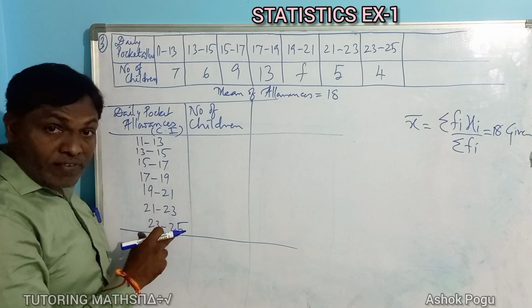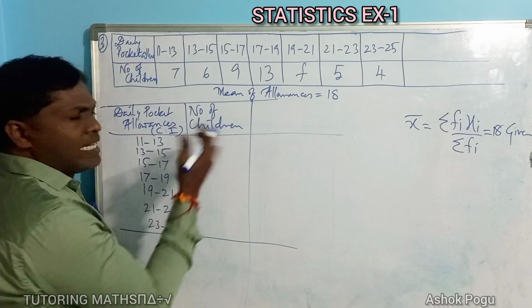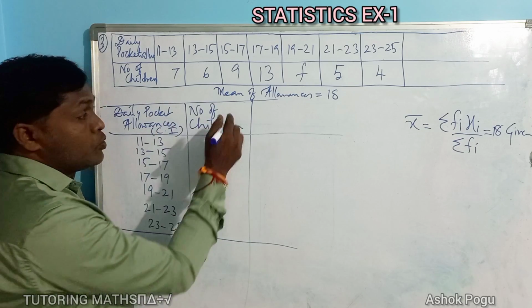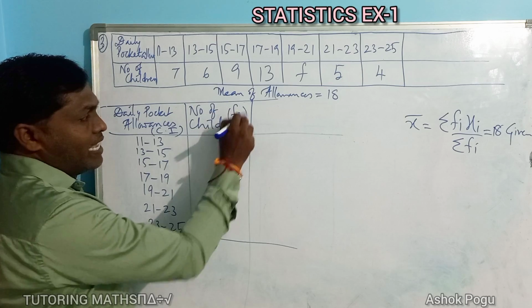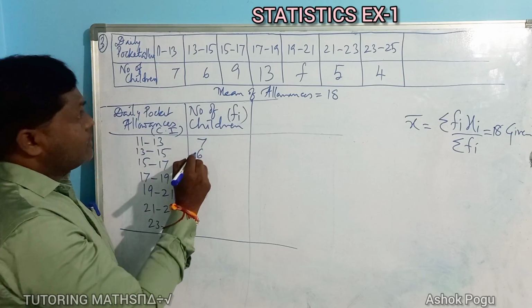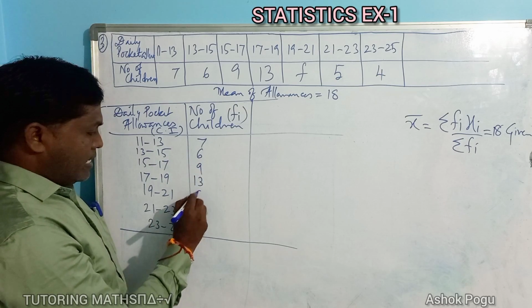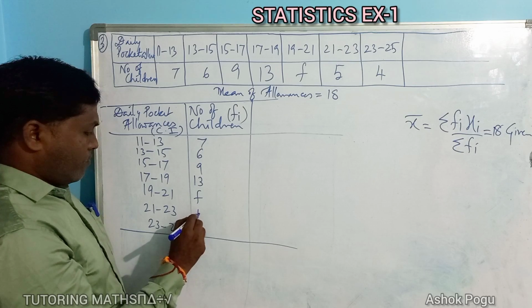These are nothing but class intervals. And the number of children, we know, shows the frequencies fi. They are 7, 6, 9, 13, f, the missing frequency, 5, and 4.